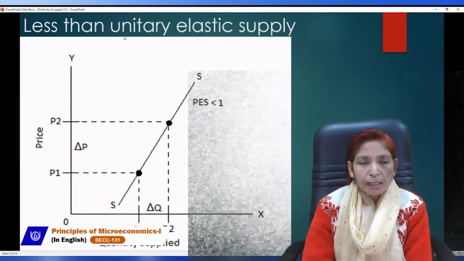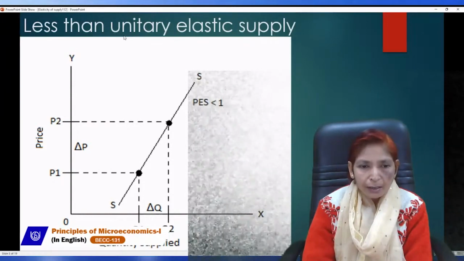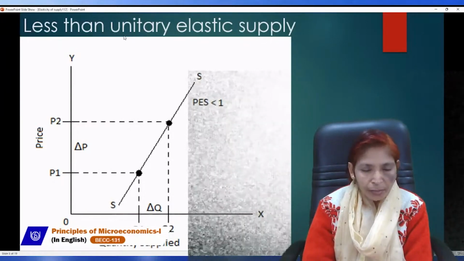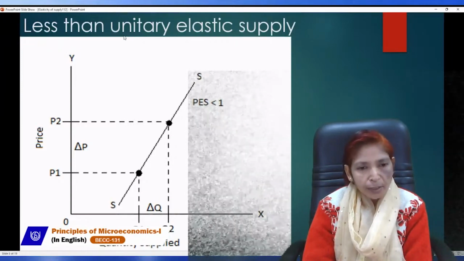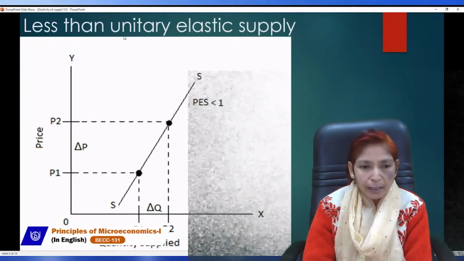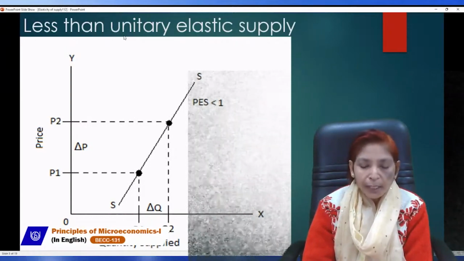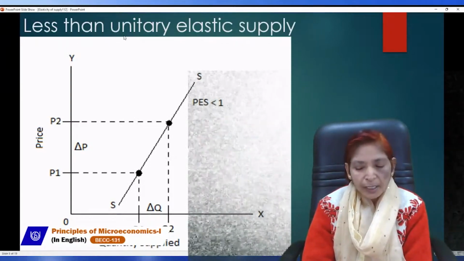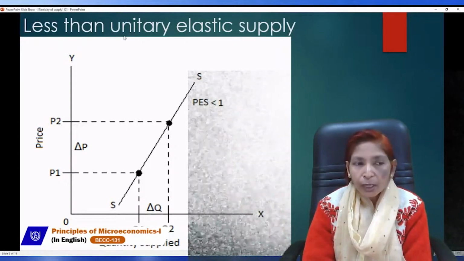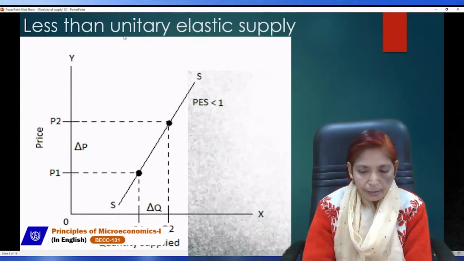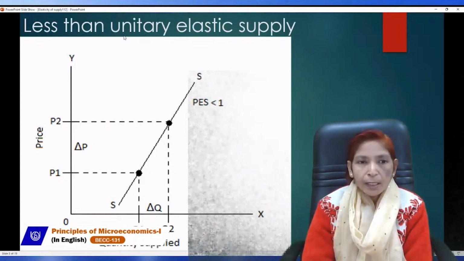So when supply is less than unitary elastic, the supply curve will be upward sloping as usual because it shows a positive relationship between price and supply, but the curve will start from the x-axis. And when elasticity of supply is more than 1, the curve starts from the y-axis.